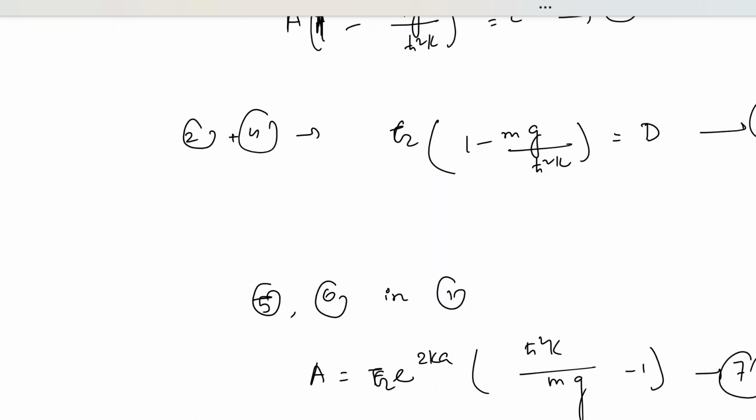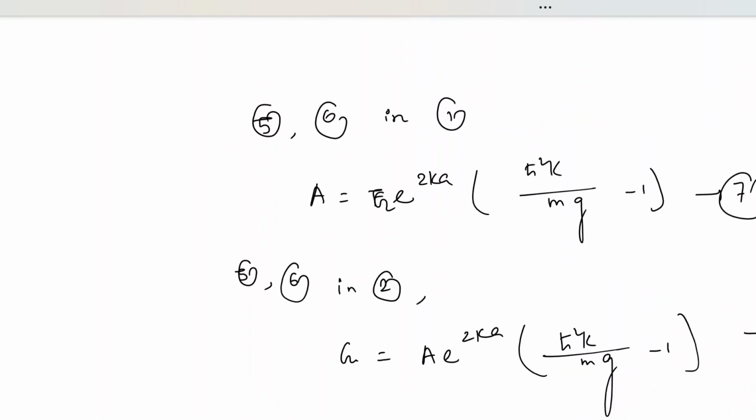And similarly, if you plug in 5 and 6 in 2, then you will get g equal to a e to the power of 2ka h cut squared k by mg minus 1, which is equation number 8. Now if you take equation 7 by g, so that is equal to a by g equal to e to the power of 2ka h cut square k by mg minus 1.